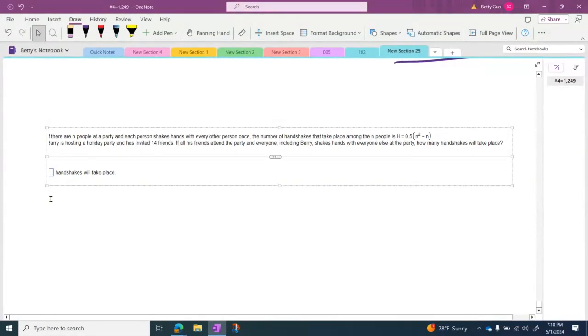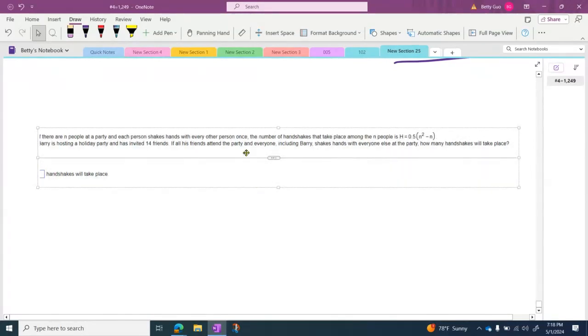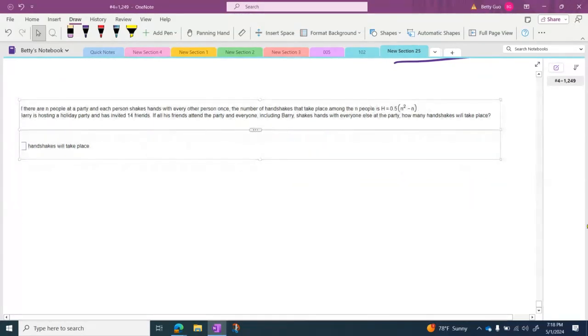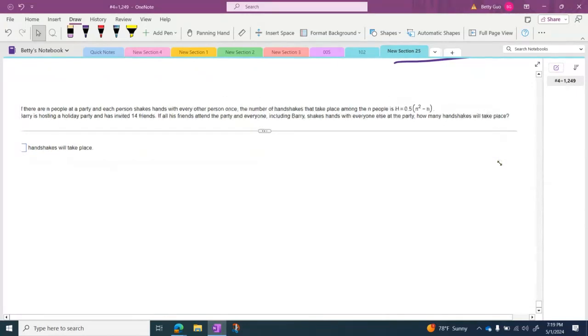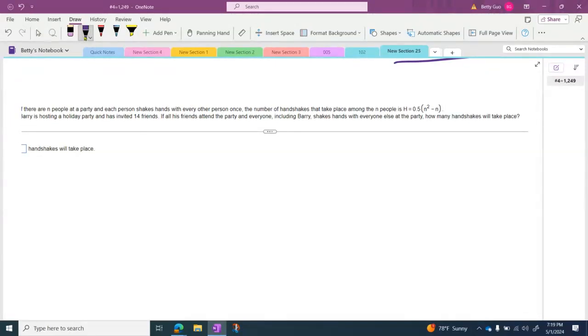There are, oh, shaking hands. I remember this problem. I think very likely because I saw this problem on the exam 3 review, and it appears again. I still remember.